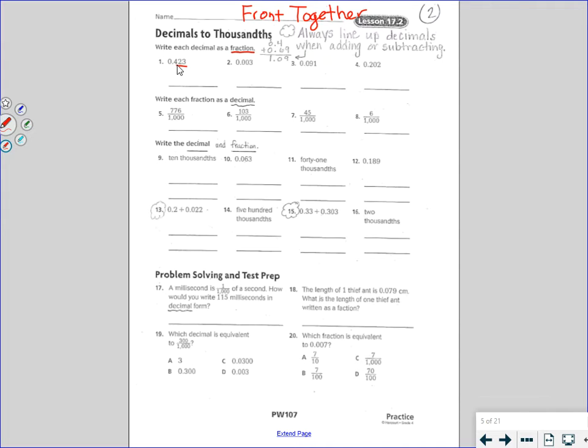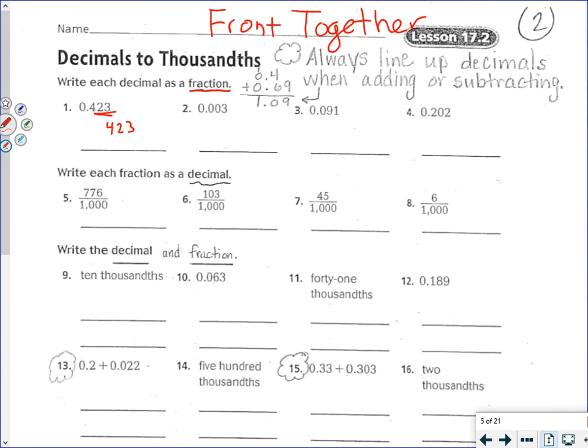So I'm going to write 423, and then the bottom, our denominator, is the place value it ends in: thousandths. That's it.